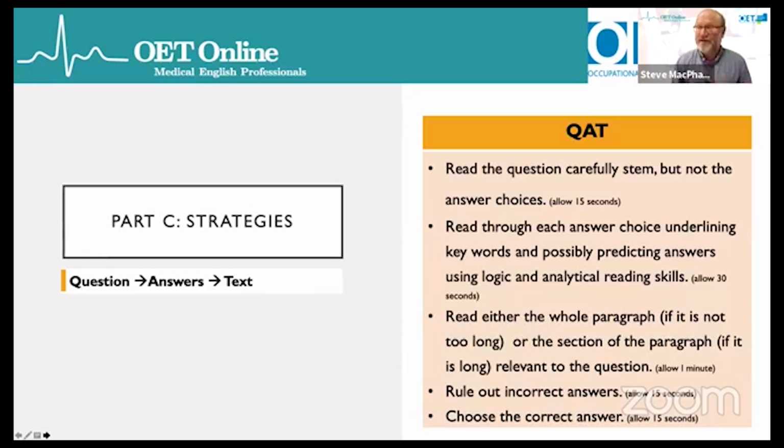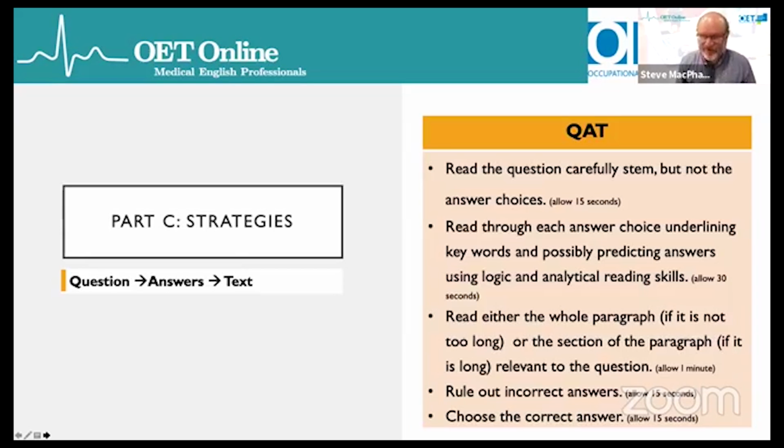So again, allowing about 1 minute to do that. And then you've got about 30 seconds in total to rule out the incorrect answer choices. So even with QAT, question first, then answer, then text, you're then finally going to have to go back to your answers to make that decision.